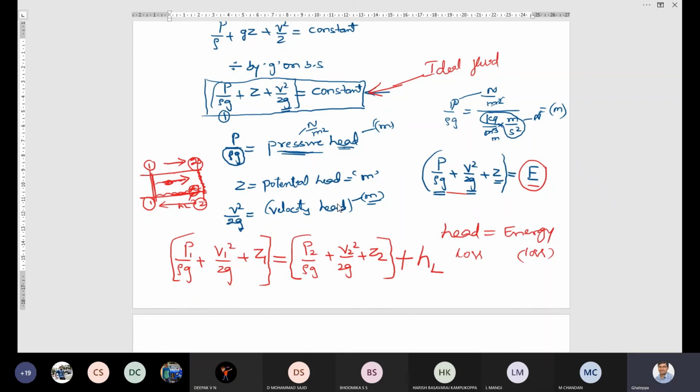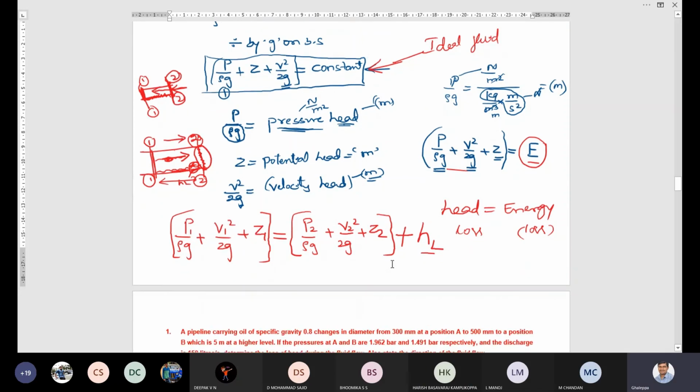So all losses will be considered at section 2 only. That is the reason I have added it here. Assume here is section 2, here is section 1, and the fluid is flowing from section 2 to 1. There will not be any losses here because this is the first point where the fluid is entering. After this point, friction, viscosity, everything starts, all losses will be accumulated along the length of the pipe, and losses will be measured at section 1. So we need to add HL on the left hand side in that case. Are you able to understand the difference?